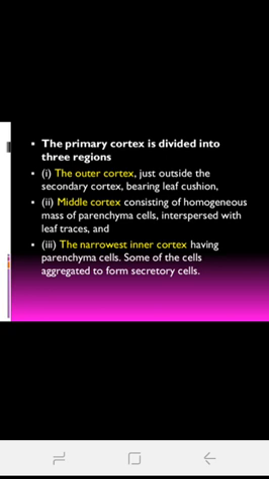Then its anatomy: you can see outer cortex, periderm followed by outer cortex, bearing leaf cushion. Then middle cortex containing parenchyma cells. Then inner cortex also parenchyma cells, with some secretory cells also. So outer, middle and narrow inner cortex, then outermost is periderm.